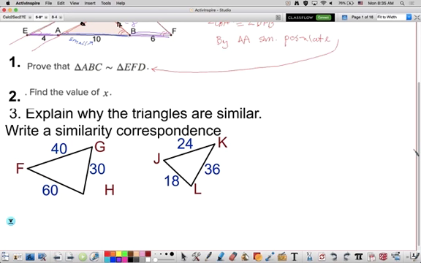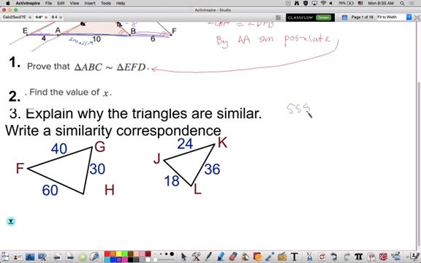We just went over them. Side angle side is one of them. Angle angle is another one. There was one more. It matches up with this picture. Side, side, side, right?